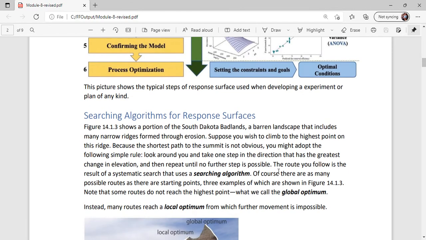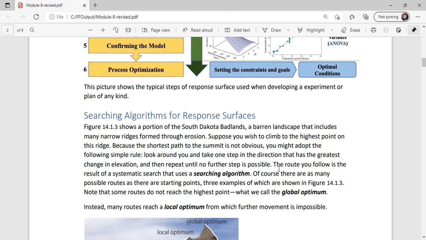Okay? It shows the portion of the South Dakota Badlands, a barren landscape that includes a narrow ridge formed through erosion. Suppose we wish to climb the highest point of this ridge, because the shortest path to the summit is not obvious. You might adopt the simplest rule: look around and take one step in a direction that has the greatest change in elevation and then repeat until no further step is possible.